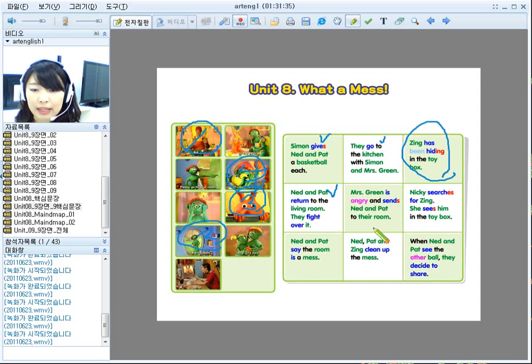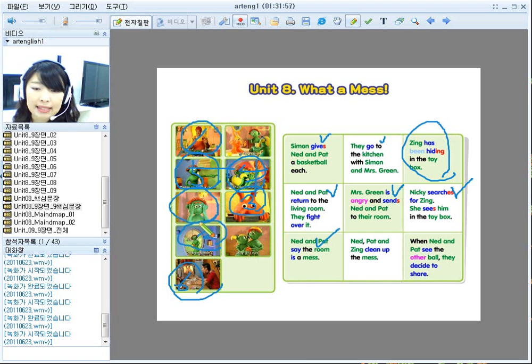And Mrs. Green is angry and sends Ned and Pat to their room. And Nikki searches for Zing. She sees him in the toy box. Ned and Pat say the room is a mess.